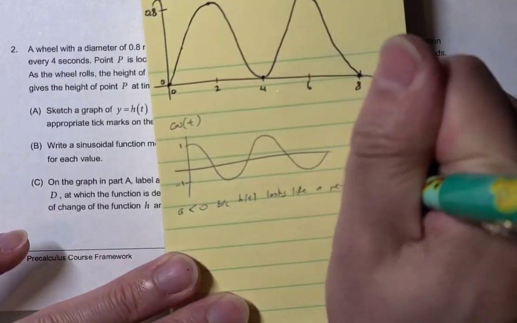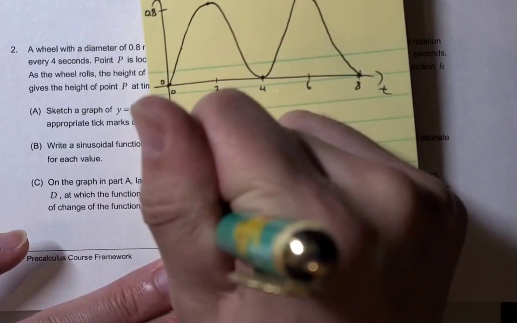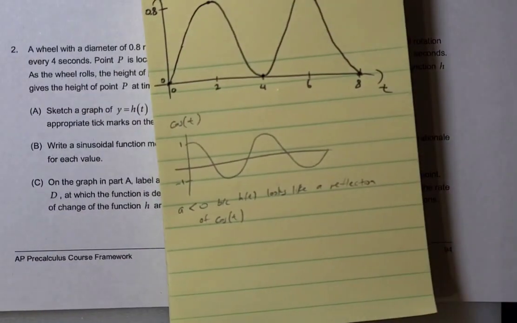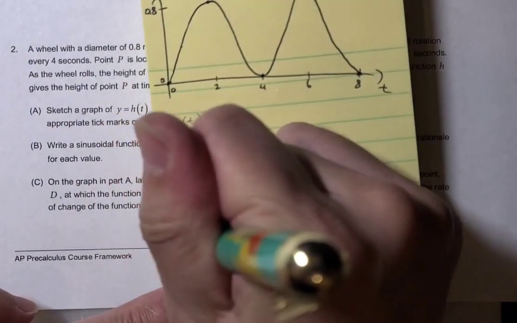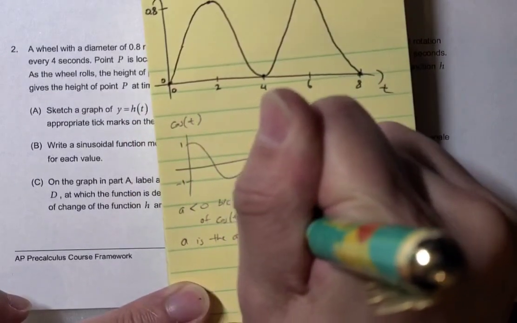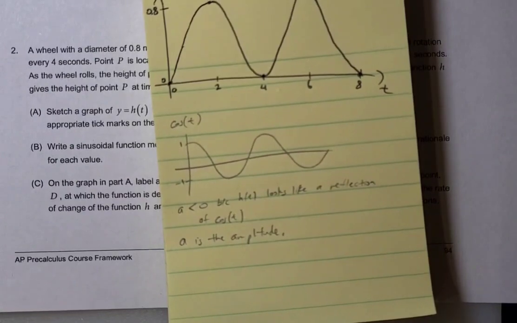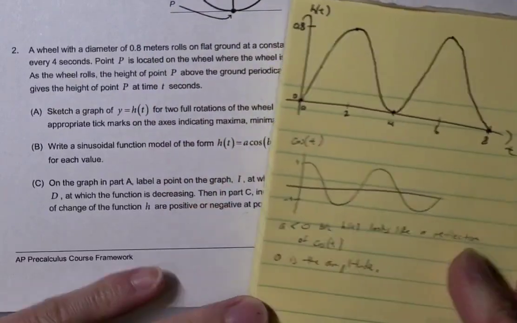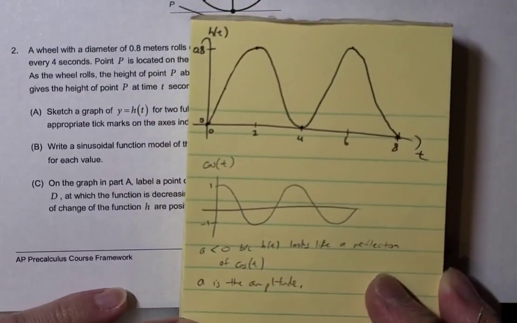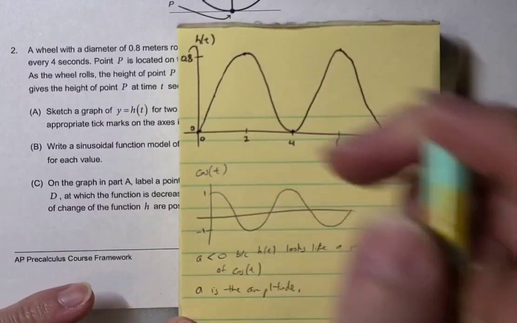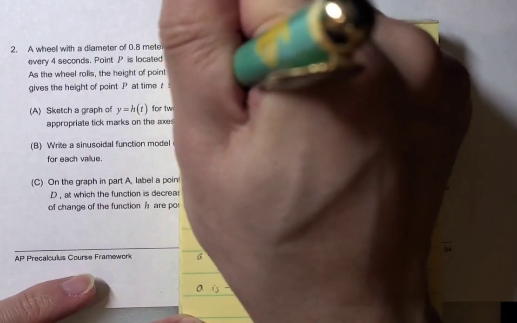So a is the amplitude. That's just how sine and cosine are modeled, with the a in front being the amplitude. So what is the amplitude of this one? Here I was saying the amplitude is not 0.8. Amplitude is with respect to the average value.